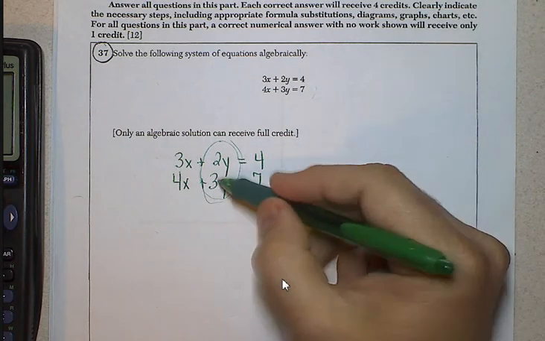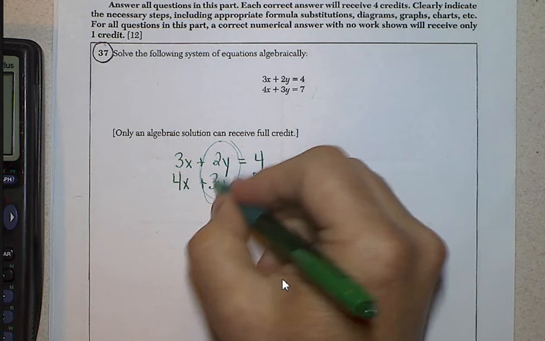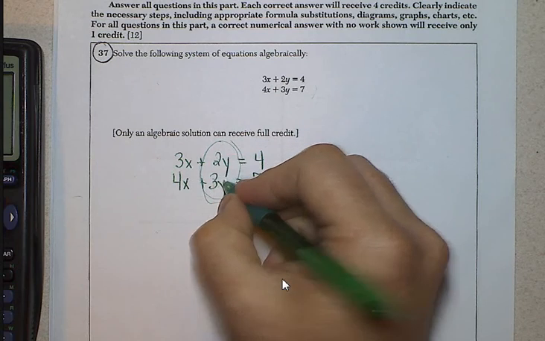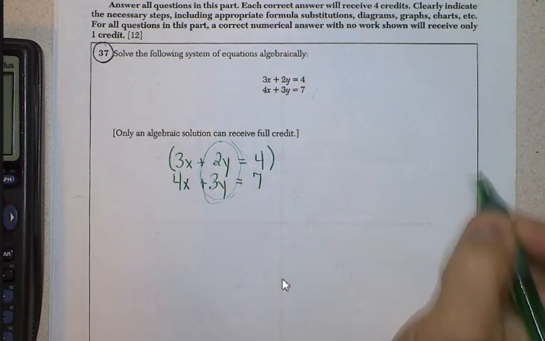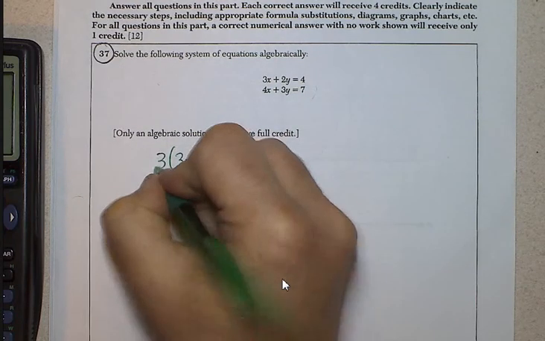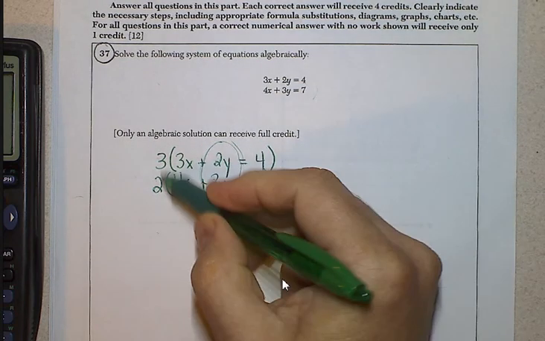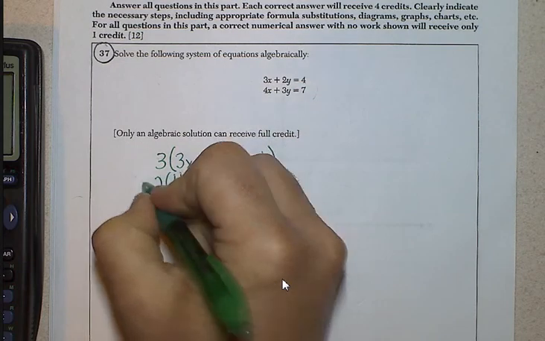And that answer is 6. So I'm going to want to put a 6 in front of these y variables. To get a 6 in front in equation number 1, I'm going to multiply by 3, and in equation number 2, I'm going to multiply by 2. But if I multiply by a 3 and then a 2, they'll have the same sign. So I'm just going to make the 2 negative.